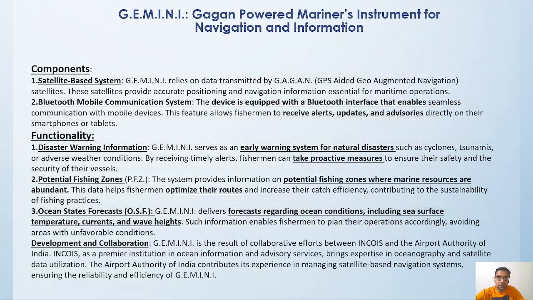Okay, so the components of the system: it is a satellite based system. Okay, it is not related to anything on the ground. It is a satellite based system, Gemini, that relies on the GAGAN satellites, that is GPS Aided Geo Augmented Navigation. Okay, so this will provide you with accurate positioning, a navigation system and maritime operation, everything.